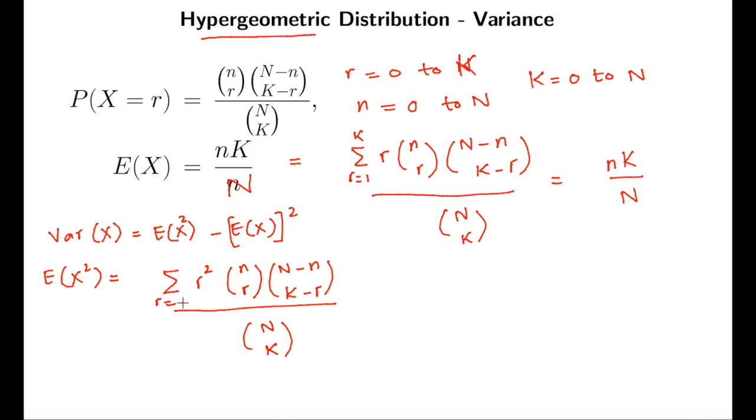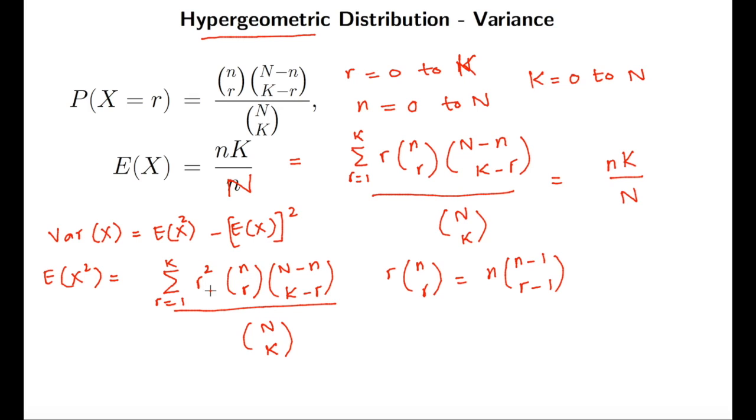R again goes from 1 to k. Actually it's still from 0 to k, but since r is getting multiplied, I can say 1 to k. Now use r times m choose r, this is equal to m times m minus 1 choose r minus 1.